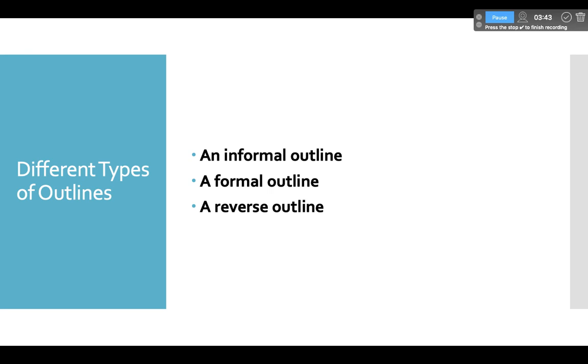So these are just ideas and some tips and tricks to help you with writing your essay, okay? Just outline in a way that feels natural to you. You don't have to call it a certain type of outline. You don't have to say to yourself, I'm going to write an informal outline or a formal outline or a reverse outline. You can just sit down and sketch out the skeleton of your essay.